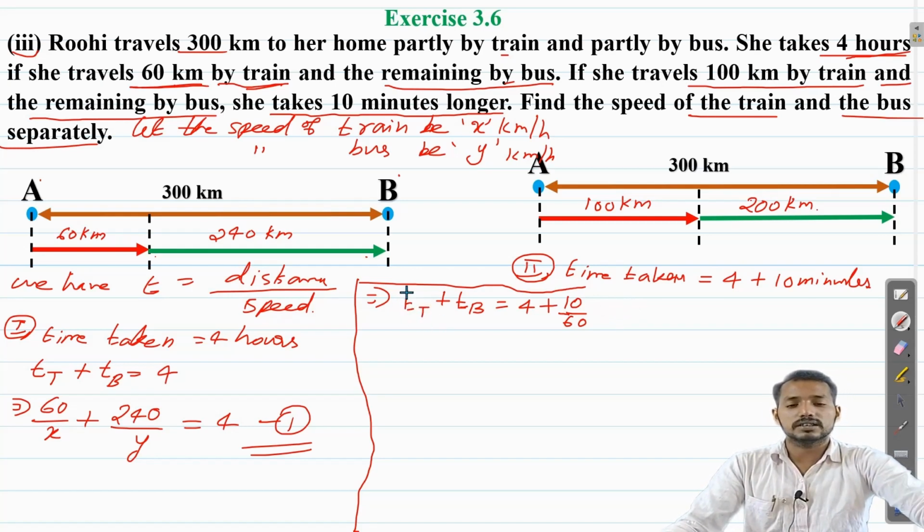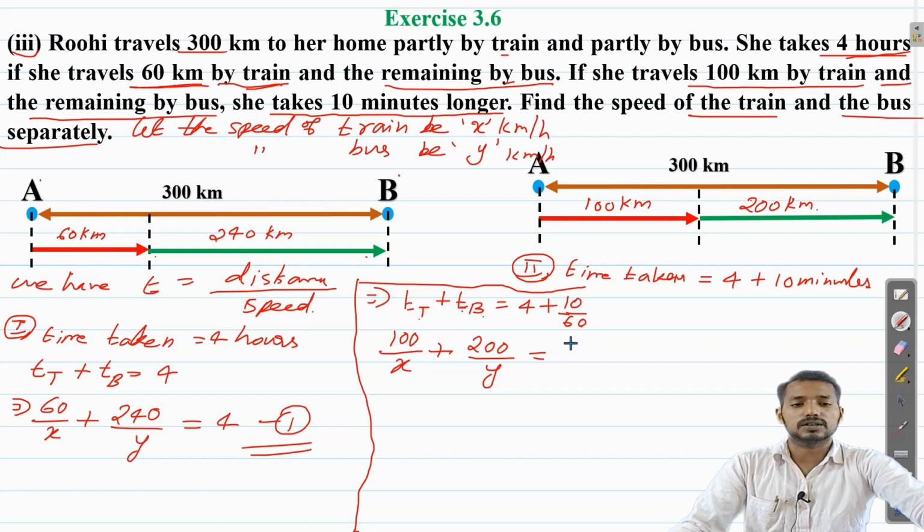Now the time taken by the train will be distance by speed. That is, the distance traveled in the train is 100 kilometers divided by the speed of the train, x. Clear? Plus the time taken by the bus, that is the distance traveled in the bus divided by the speed of the bus, y, which is equal to, adding by taking LCM, 240 plus 10, 250 divided by 60.